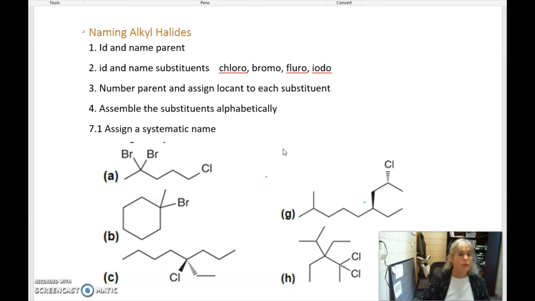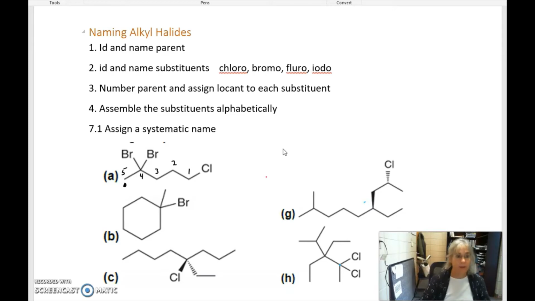For this first one, I've got 1, 2, 3, this one will be 4, and then we've got 5. The reason I didn't name it from the other direction, if you name it starting 1 here, then you end up with a 2, 2, and a 5.